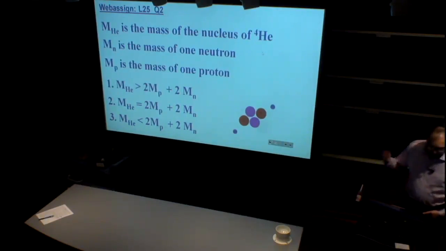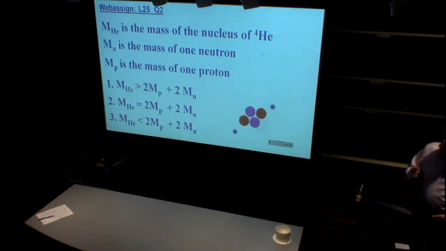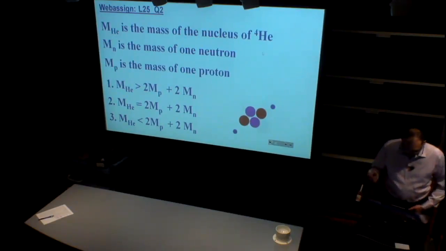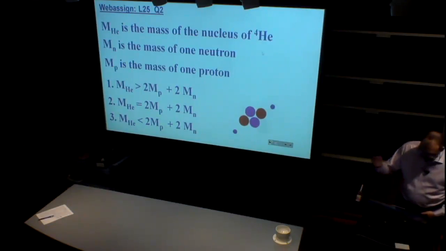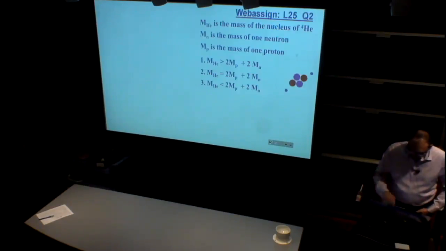We can weigh one atom, get rid of electrons. That will give us the nuclear mass, the mass of a nucleus. And we can weigh each proton, each neutron individually.